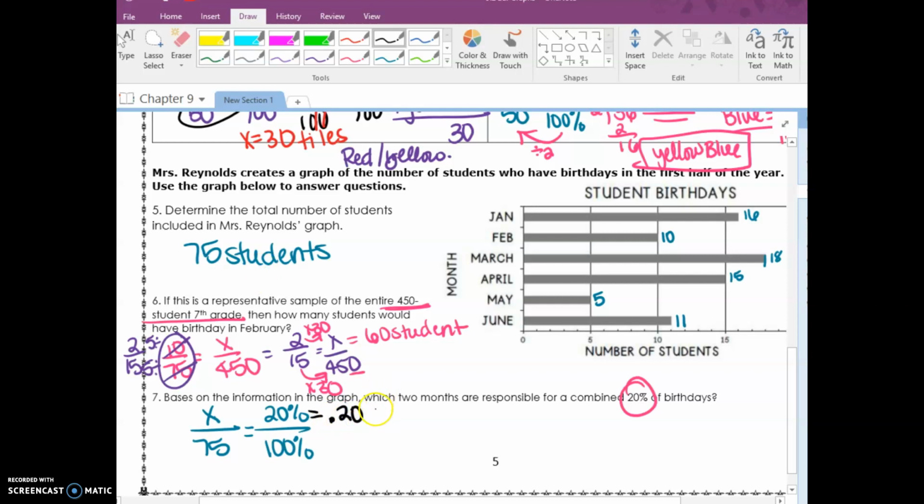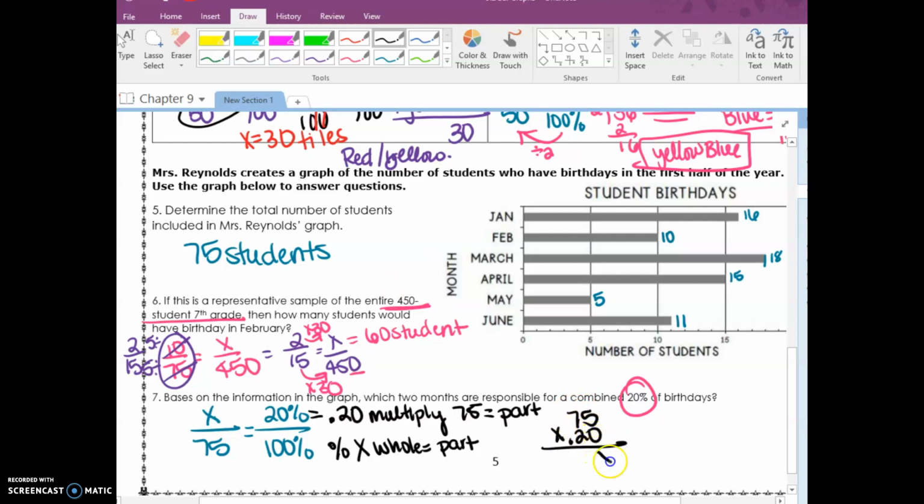And what I'm going to do is multiply 0.20 times 75 to get my part. So this is my percent times my whole equals my part, and I can solve it this way. So I'm going to take 75 times 0.20.